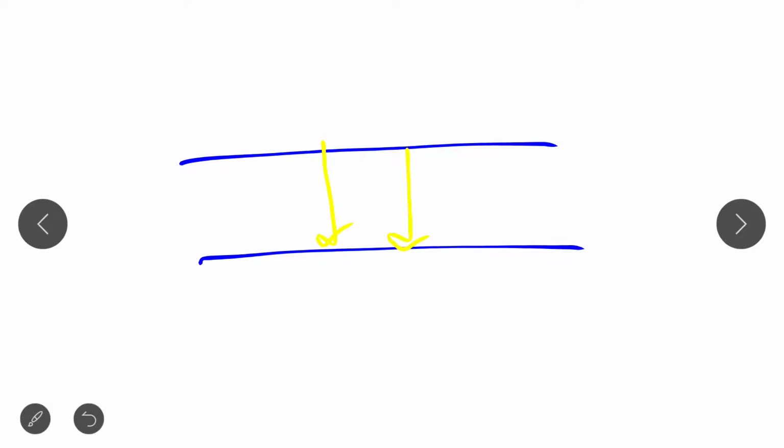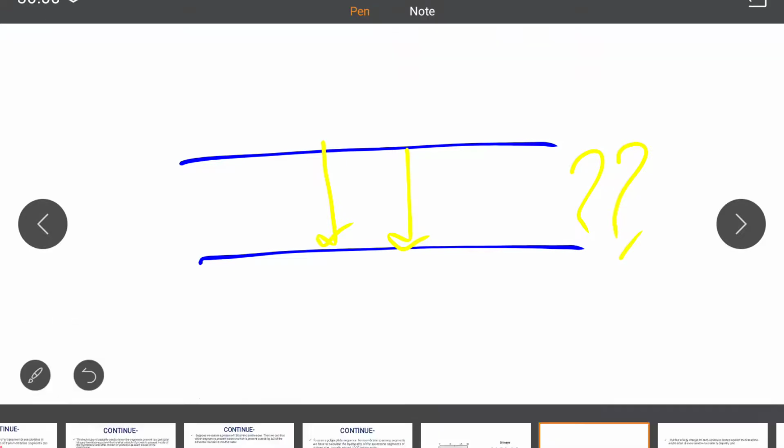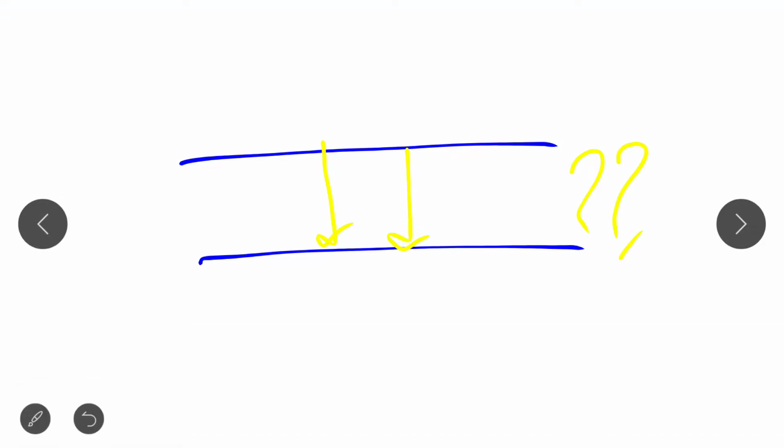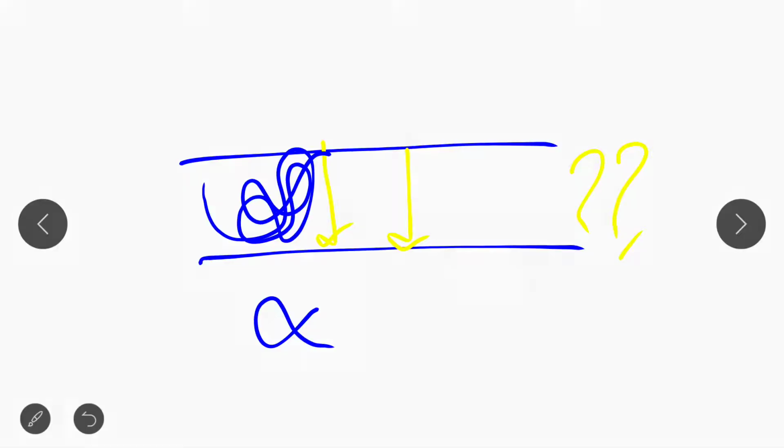We can calculate the amino acids in the hydrophobic region with the help of the length of the alpha helix as well as the width of this membrane.